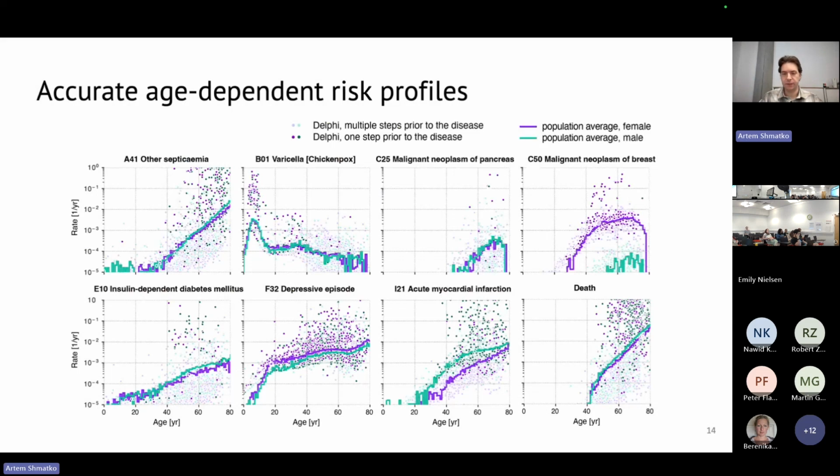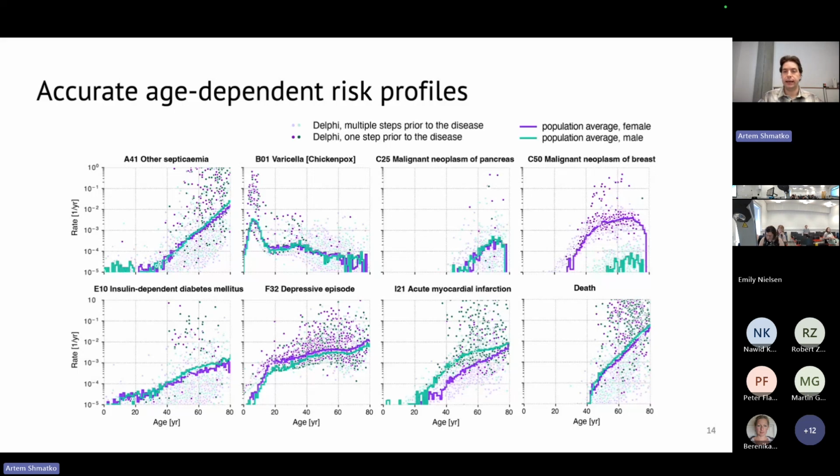So what is shown here are some graphs for 8 selected showcase diseases. The graphs show how disease rates, the y-axis, change over age, the x-axis.